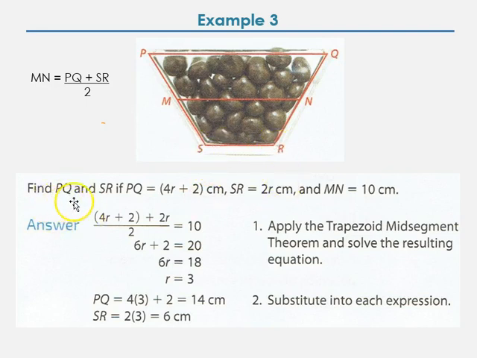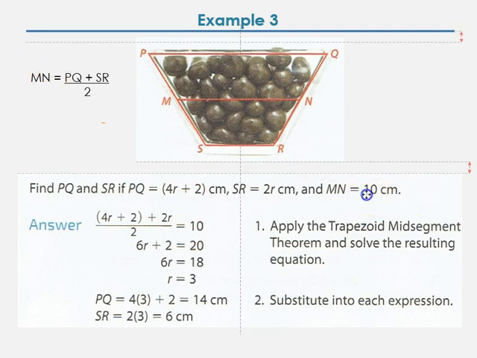So find PQ and SR. If PQ equals 4r plus 2, and SR equals 2r, and MN equals 10 centimeters. So now you would take this formula, and you would substitute the values. So they flipped the formula here.